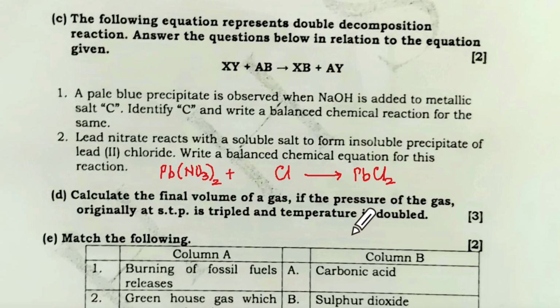Understanding? Yes, ma'am. I've added something which has a chloride, but then they are saying soluble salt. Can you see that soluble? Soluble means K or NH4. Sodium is your best friend. Did you understand? Yes, ma'am. Now write in bracket over here soluble salt. Therefore, what you will say?